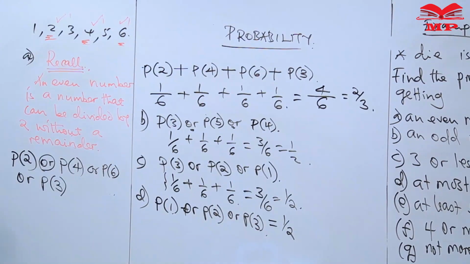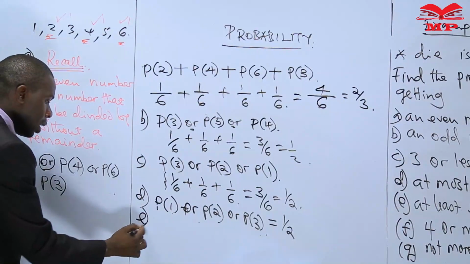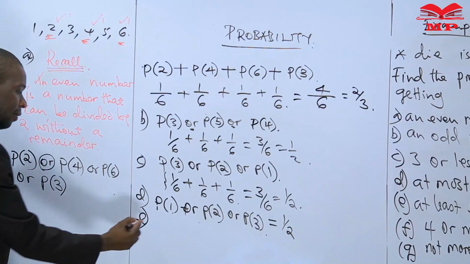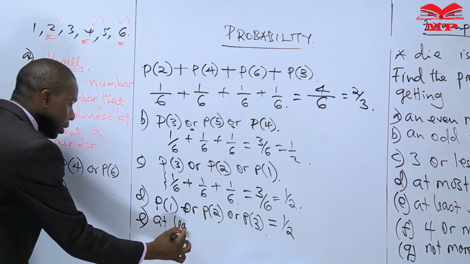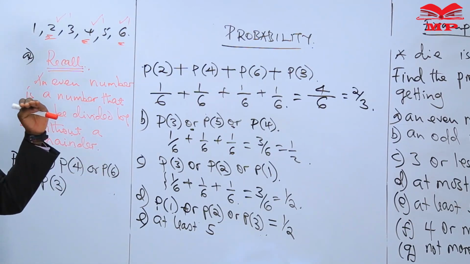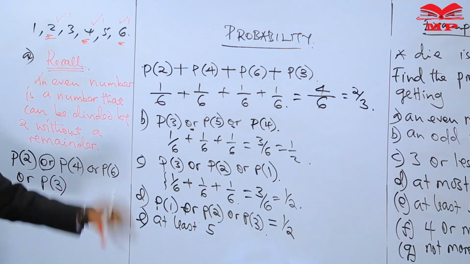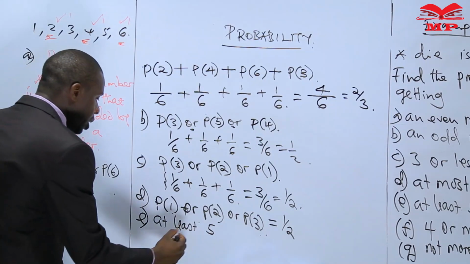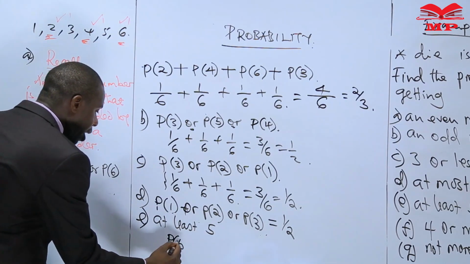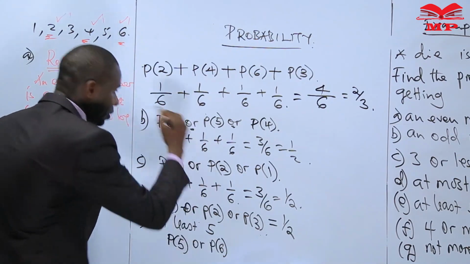In E, at least 5. So the next one, E, at least 5. That would mean we are talking of the probability of 5 or more. So that would be, therefore, the probability of 5 or the probability of 6.